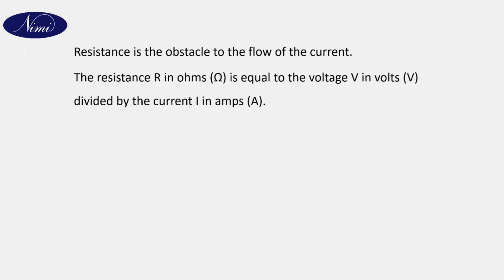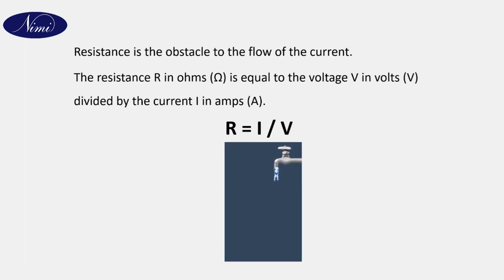The resistance R in ohms is equal to voltage V in volts divided by the current I in amps. R is equal to V divided by I. In the image below, we can see water not flowing properly but dripping drop by drop from the tap. Imagining water as current, resistance is the hurdle here that is not allowing the water to flow properly.